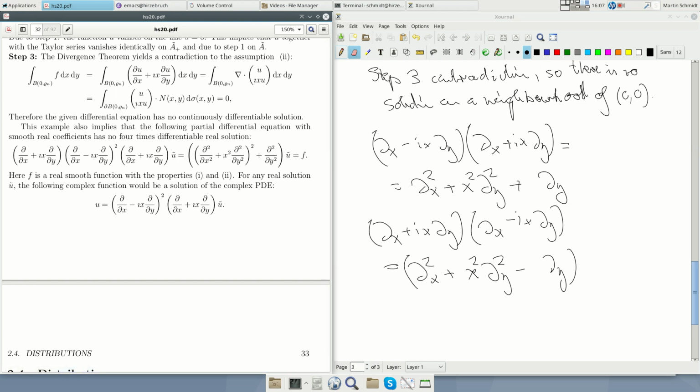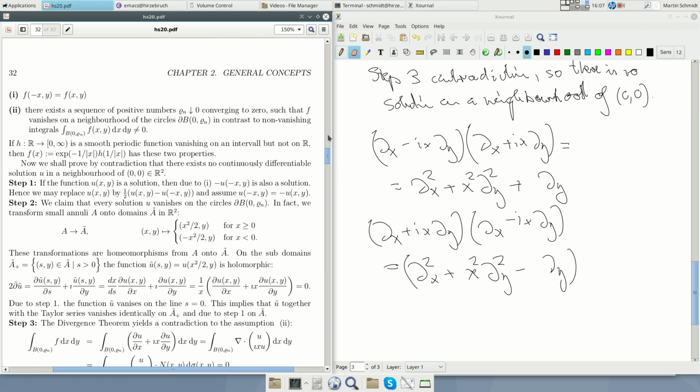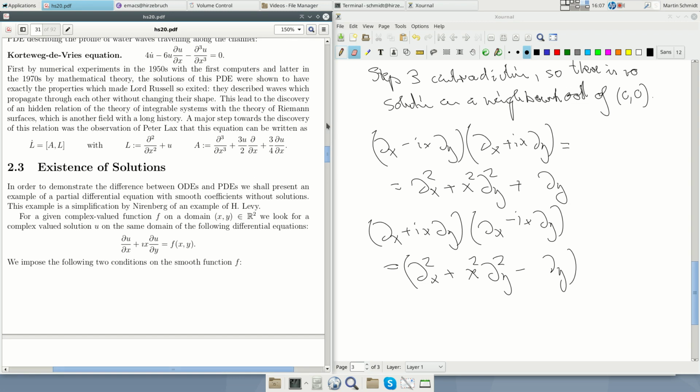And then we have shown this, which finishes this section 2.3. So let's recall what we have done. We presented an example of a PDE with smooth coefficients which has no solution in the neighborhood of one given point.